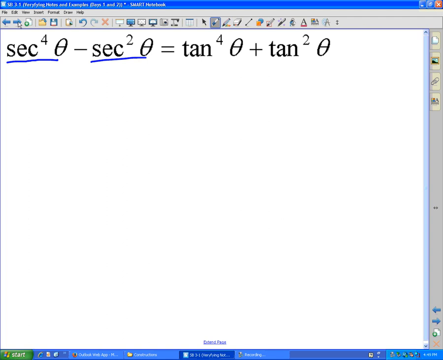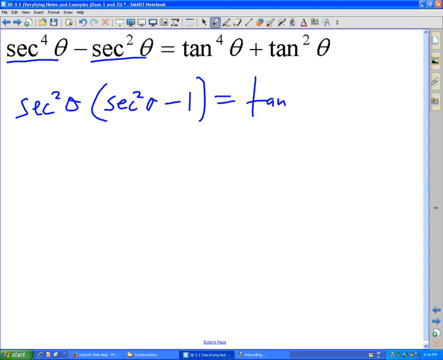That's what we're going to do on this problem right here. We're going to go ahead and factor out the secant squared, leaving me with another secant squared left here, but only 1 left here. Now, this, although it changes the format of the problem, may not seem terribly productive to begin with, but once we have broken these into squares, I can start to say, hey, wait a second.